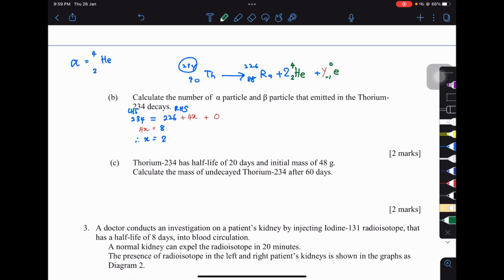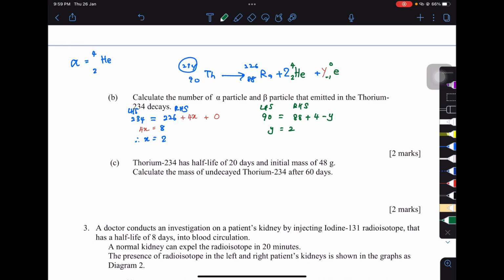So we do the calculation on the left hand side: 90 equals the right hand side, 88 plus 4 minus Y. So therefore Y equals 2.